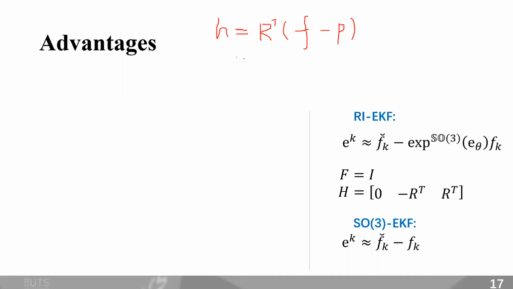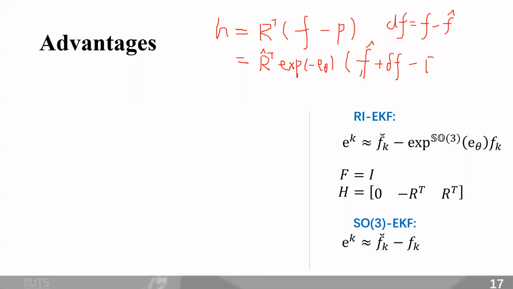And it equals R transpose hat, where hat means estimation, and exponential of minus E theta, multiplied by F plus DF, where DF means F minus F hat, minus P minus DP, right?